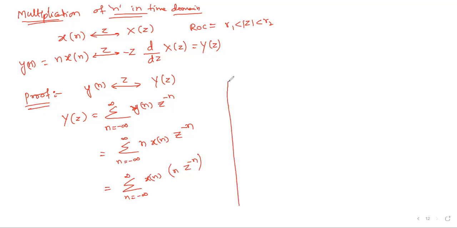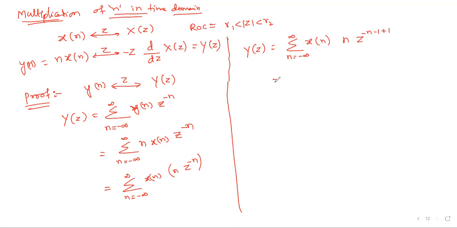Again I will write it here. Y(z) is equal to summation n = -infinity to infinity of x[n], where n z^-n is there. Now write z^-n as z^(-n-1+1), minus 1 plus 1.